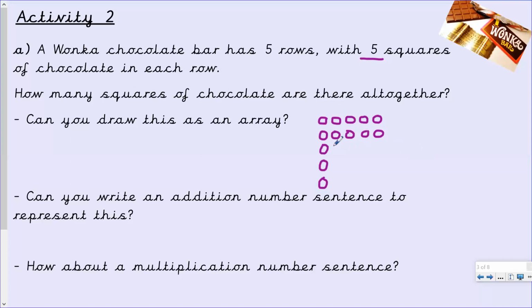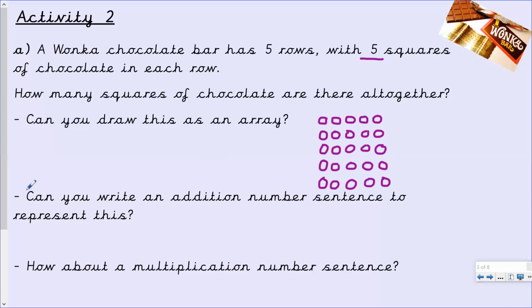Now the third row, 1, 2, 3, 4, 5, and the next, 2, 3, 4, 5, and last row, 2, 3, 4, and 5. Okay, I've now drawn this as an array.